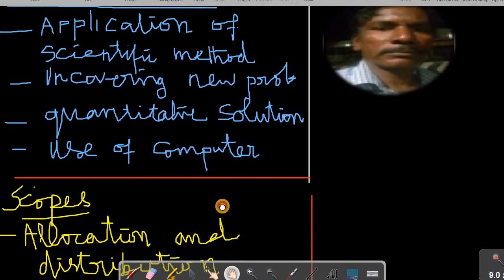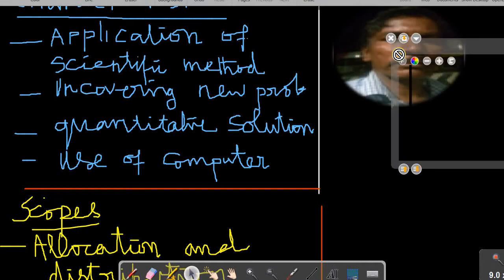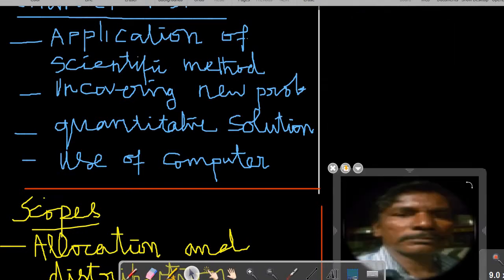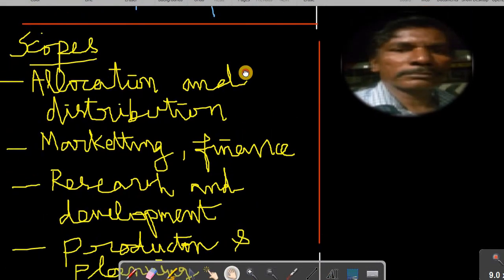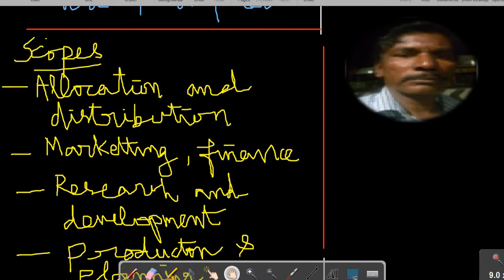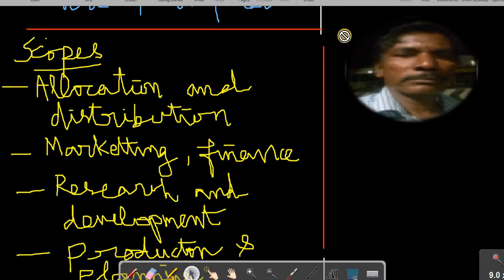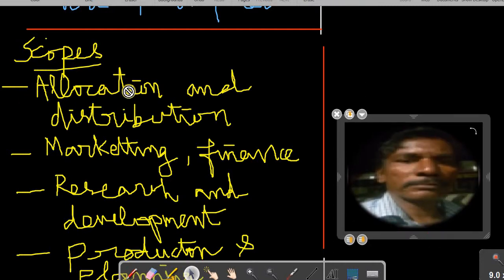Now coming to the scope, there are a lot of scopes for studying operation research. Some of them I want to mention.